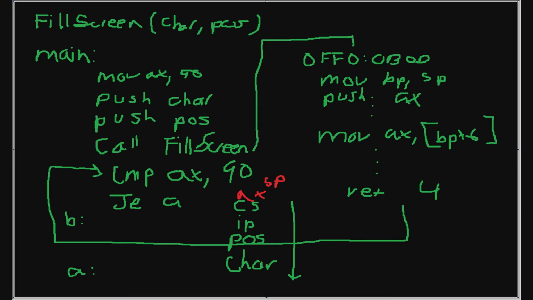Then when we're finished with that, we want to pop AX, so that we get to restore the value of AX. We're finished with that, and then we could pop all of these variables off the stack and return to this instruction right here with AX finally equaling 90.